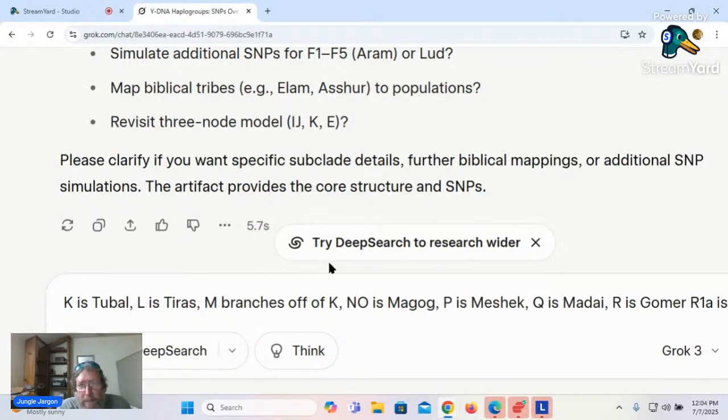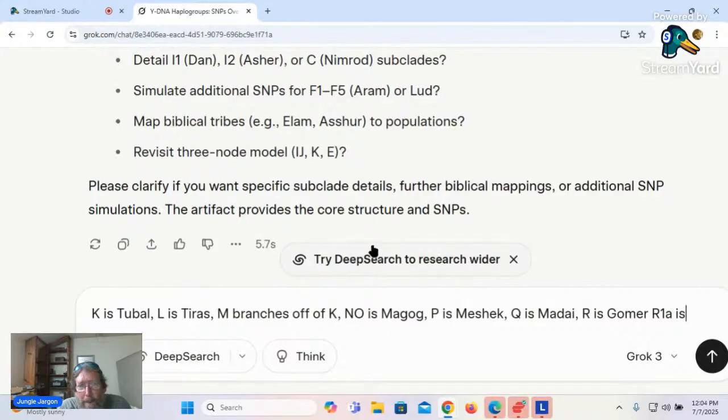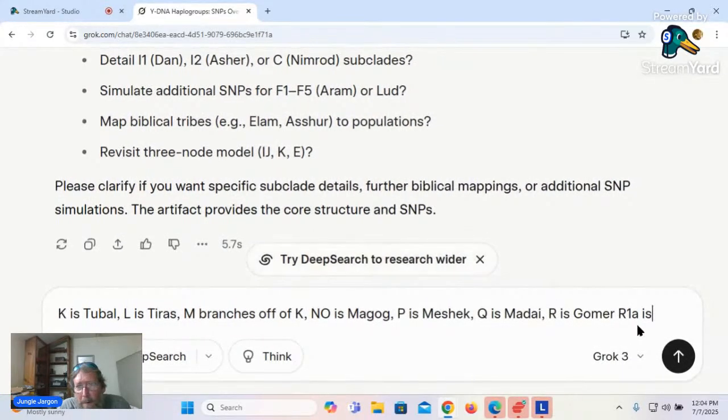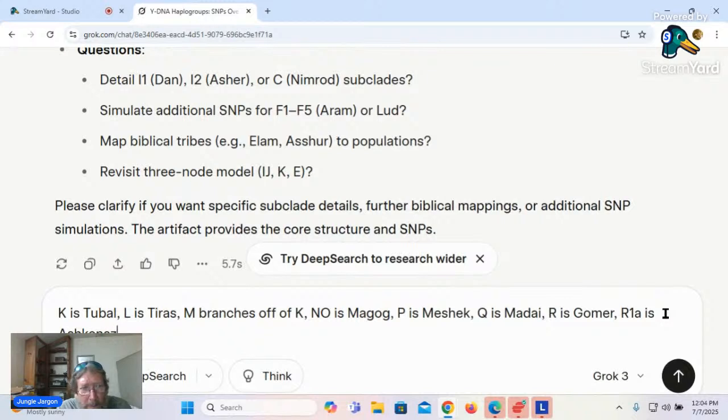Straighten this out here. R is Gomer. R1A is Ashkenaz. R1B is Riphath.